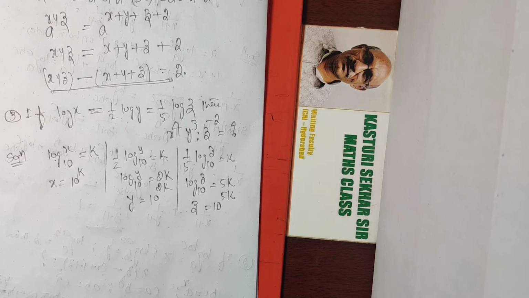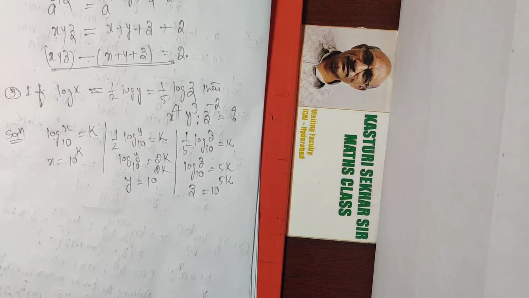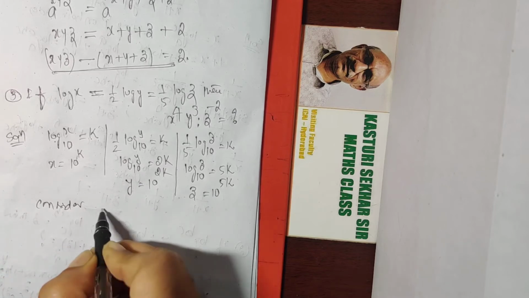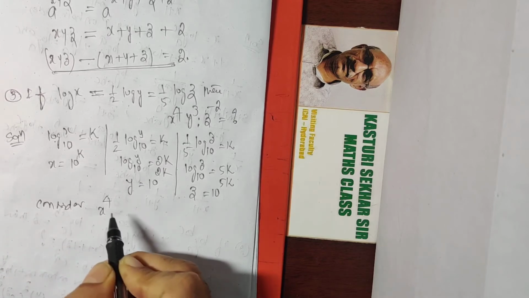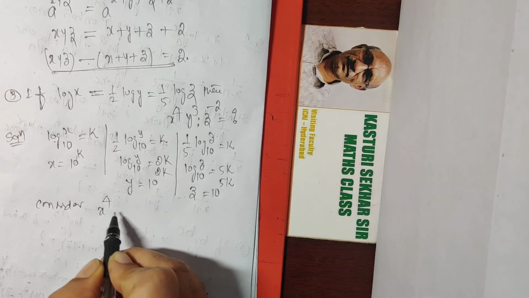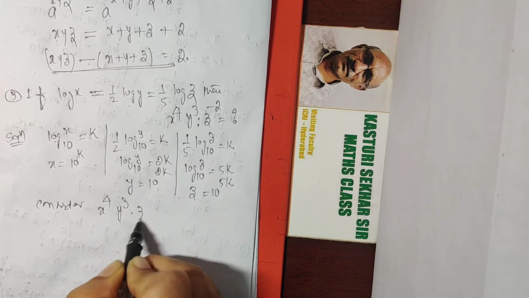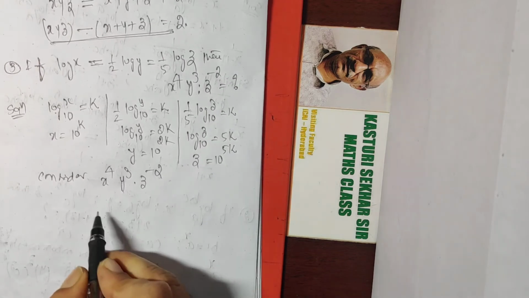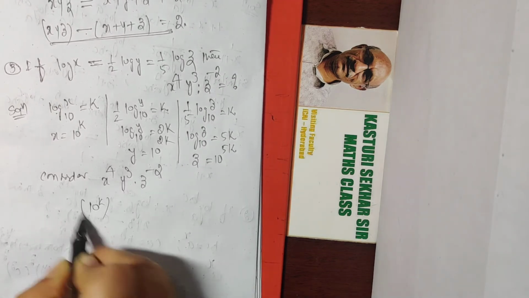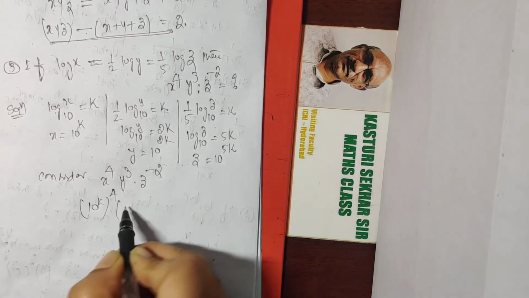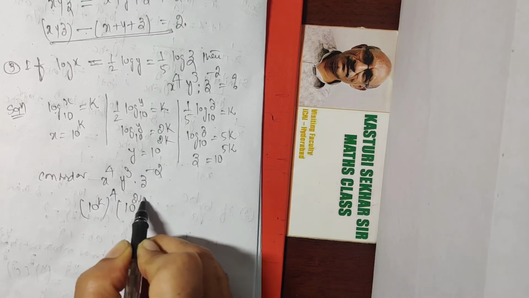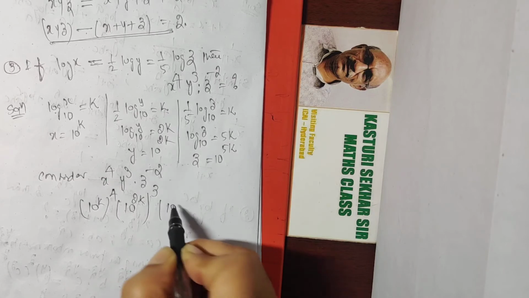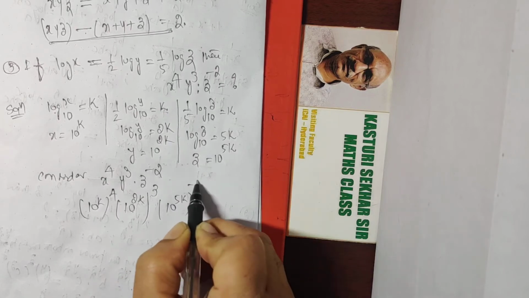Now x, y, z are free from logs. Consider x to the power of 4, y to the power of 3, z to the power minus 2. X can be replaced with 10 power k whole to the power of 4. Y can be replaced with 10 power 2k whole power 3. Z can be replaced with 10 power 5k whole power minus 2.